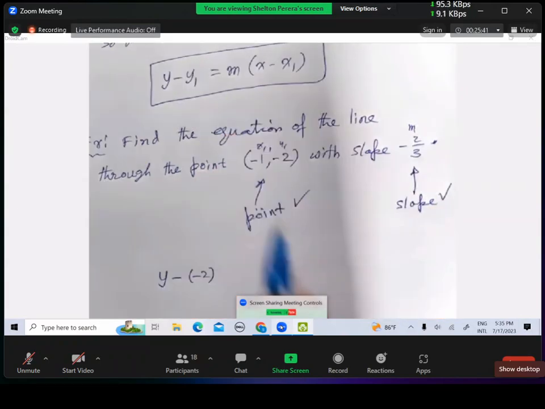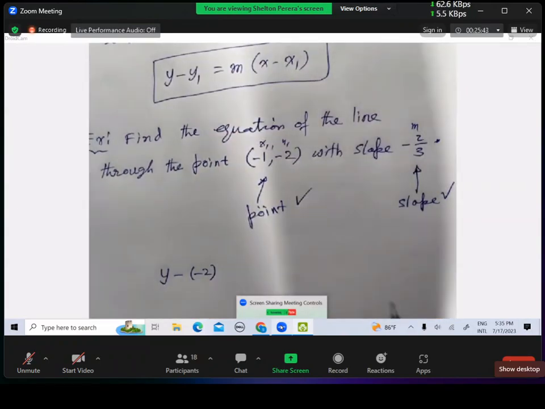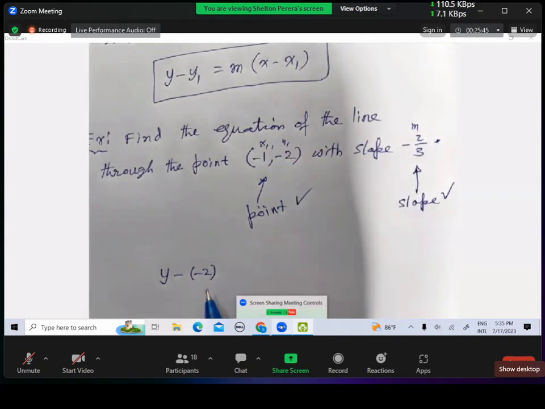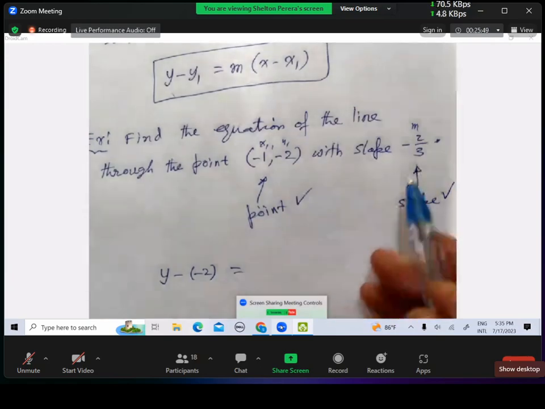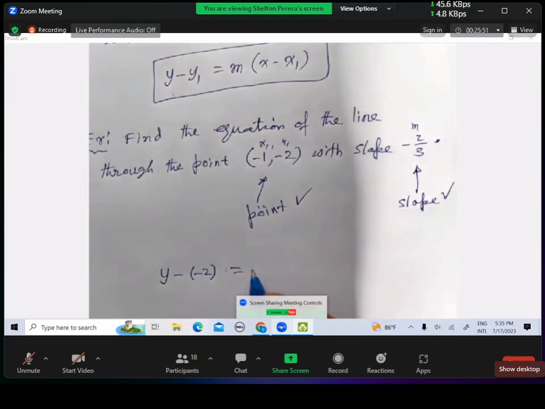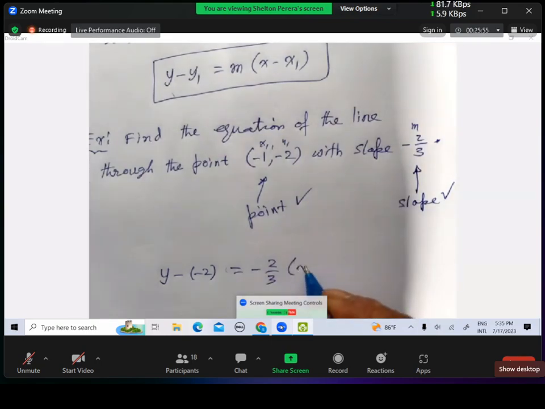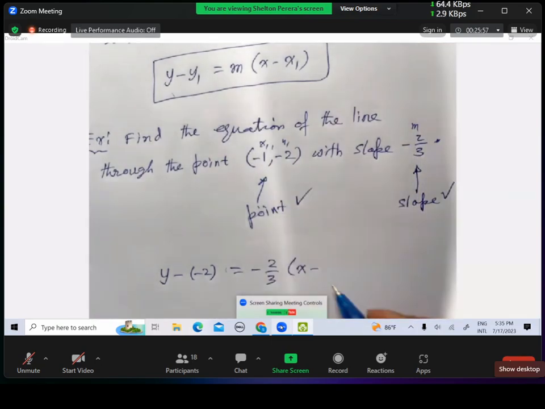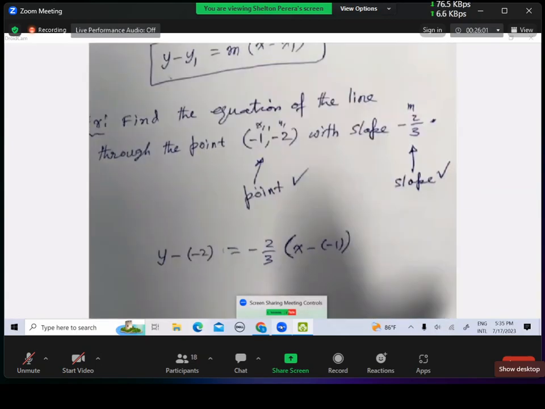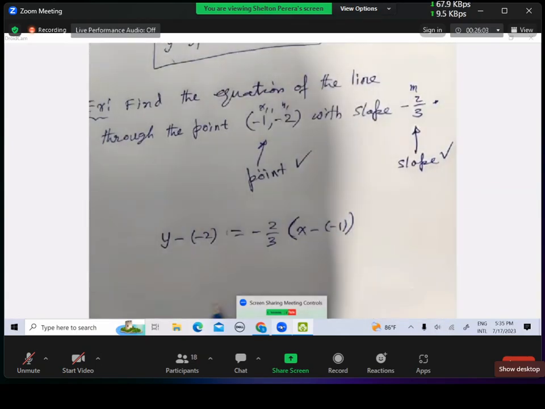Let's just substitute into this equation. y minus (-2), y minus y1 equals m, m is -2/3, times (x minus x1), x1 is -1. This is the equation. Simplify.